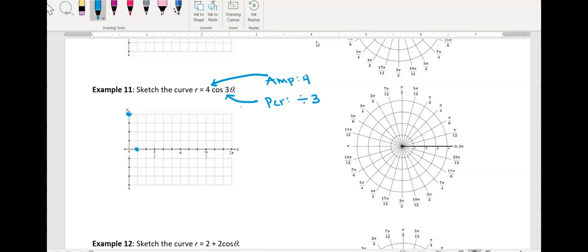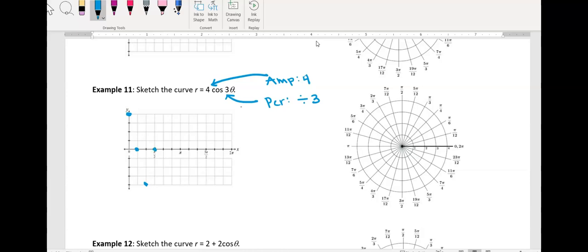And then at pi over 3, instead of it being back to -1 at pi, it's going to be -1 at pi over 3, which is right here, but because the amplitude is 4, it's going to be down at -4. So we're going to be down here, and then we'll follow that pattern.